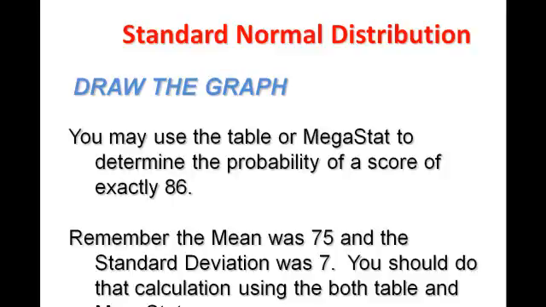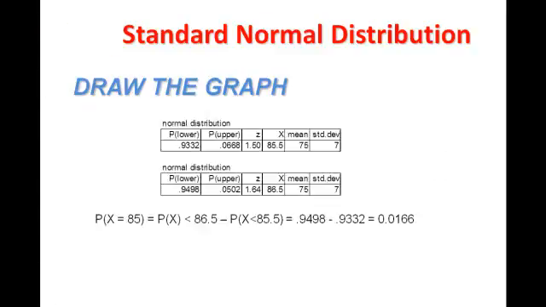You'd be using two calculations, just as we've done before. Draw those two probabilities and the areas on your graph, and then take the difference between the two. And I've done it here on Megastat.